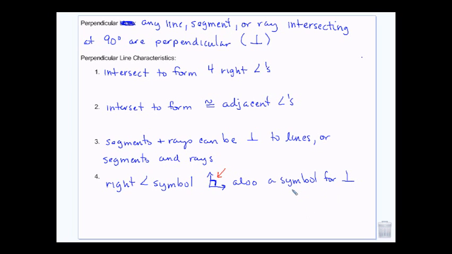Okay. And if you wanted to talk about perpendicular lines symbolically, you would say line AB is perpendicular to line CD. So this is symbols.